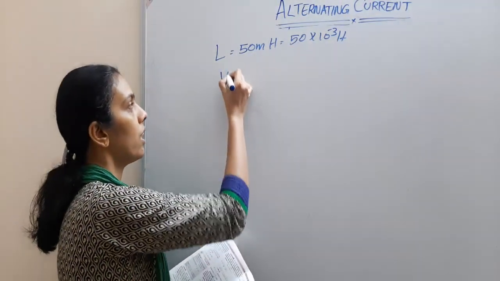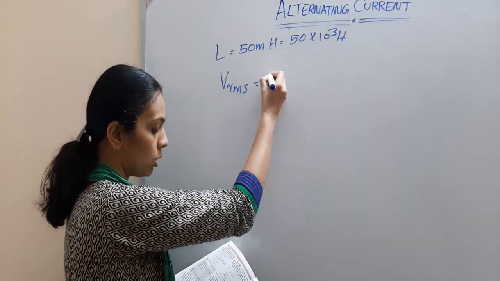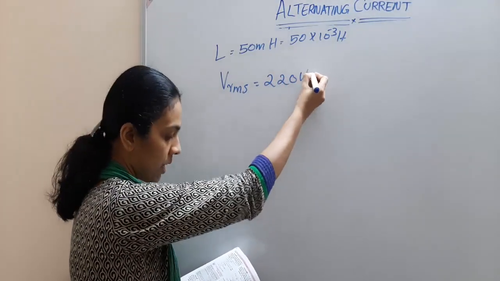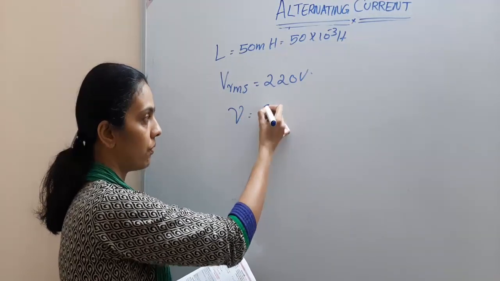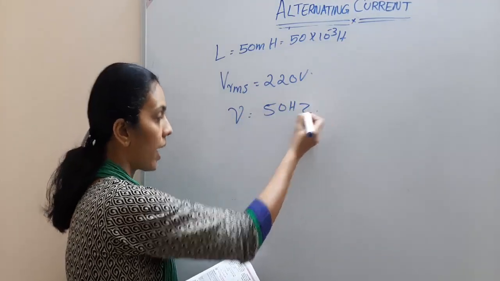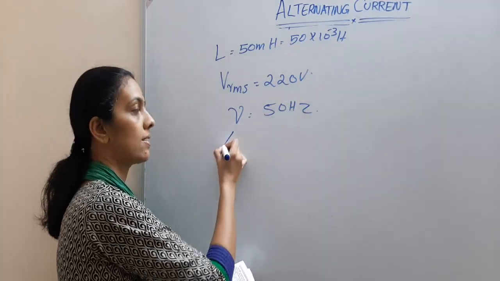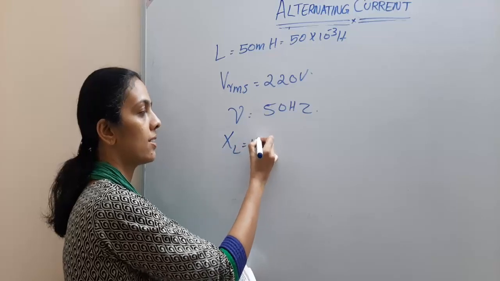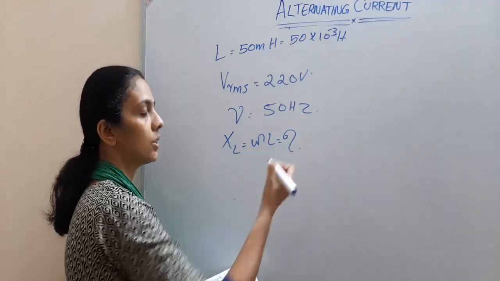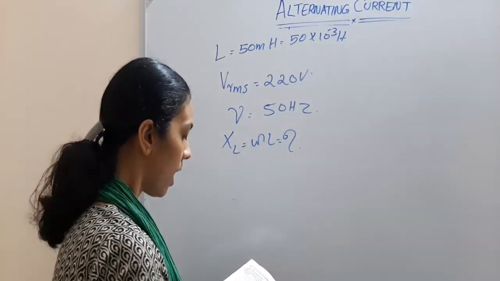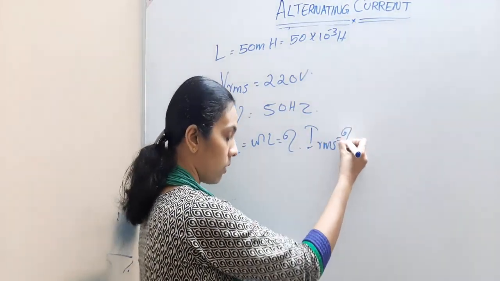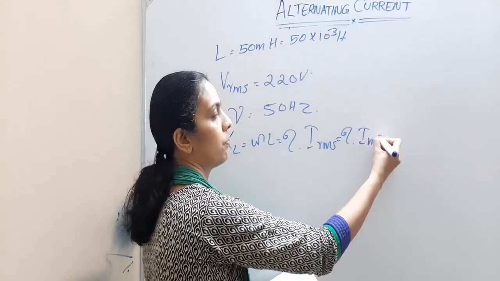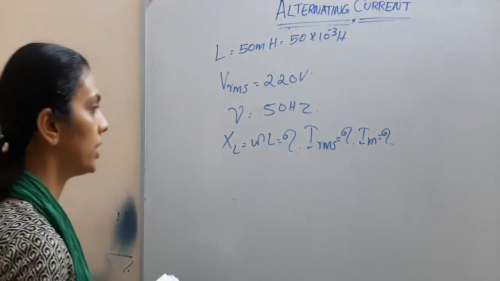It is the RMS value, VRMS equals 220 volt. The frequency is given as 50 hertz. Find the inductive reactance, that is the XL value. XL is equal to omega L; that we need to find. Then the RMS current, IRMS, we need to find out. Then the peak value of current. Each one you should check now.